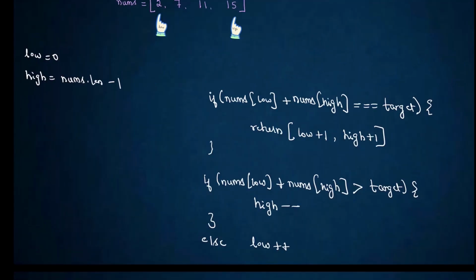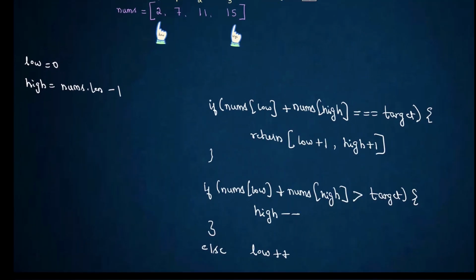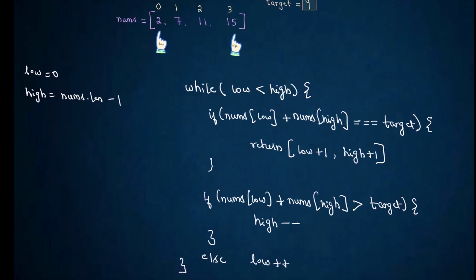We update low. And we need to make this happen until low is less than high, meaning we keep on updating low or high and it reaches at some point, say low and high are next to each other, but never on the same element because we need two elements. So we do a while low pointer less than high pointer. So while low is less than high, we need these steps to happen.